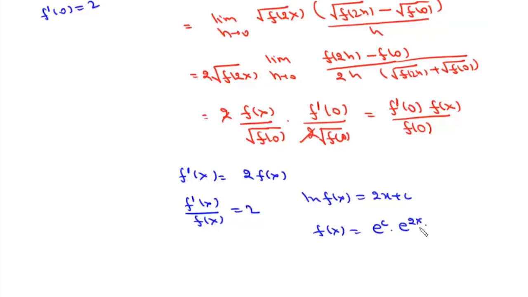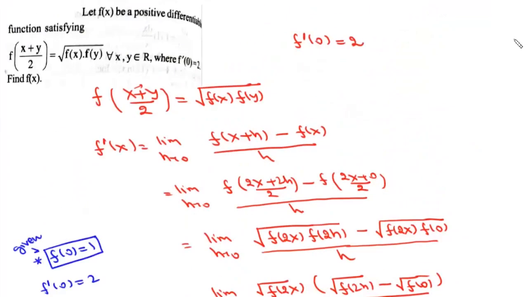Now when x is 0, f is 1. That means e to the power c is 1. So our function f x in this case will be e to the power 2x. So I think one condition that is needed with this question is that the value of f 0 is 1.